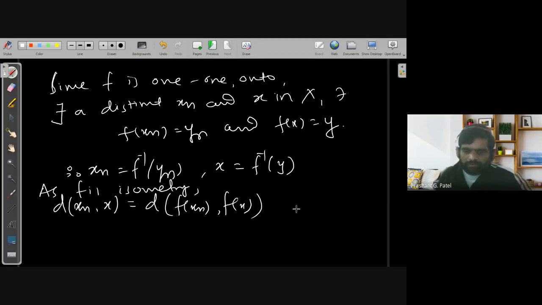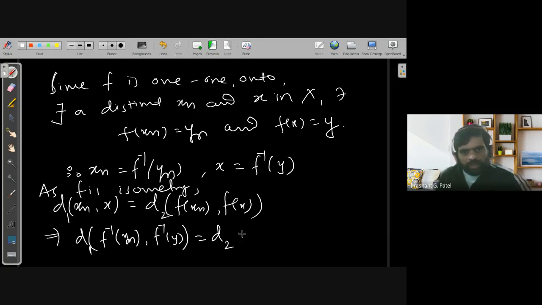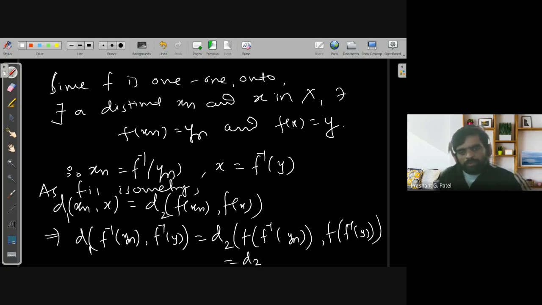So if I substitute the value of xn, that is f inverse of yn, and f inverse of y, this is a d1 distance, this is d2, so that is f of f inverse of yn and f of f inverse of y. So this will give you d2 of yn comma y.